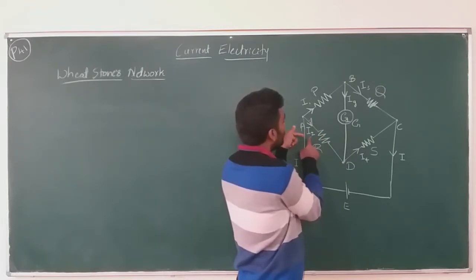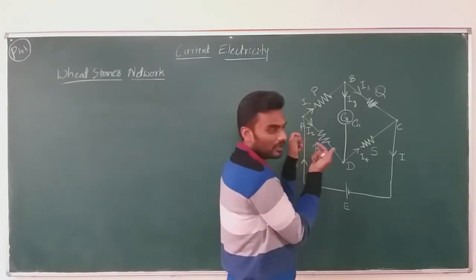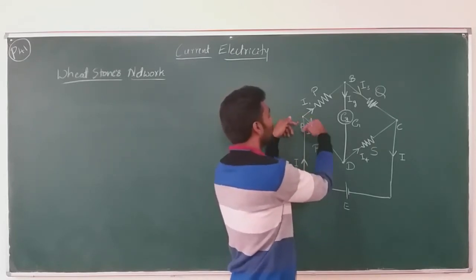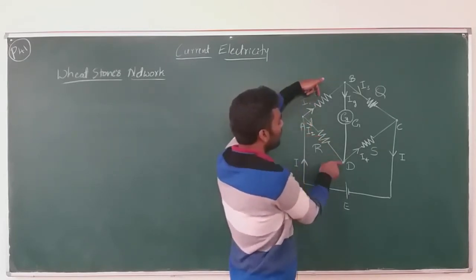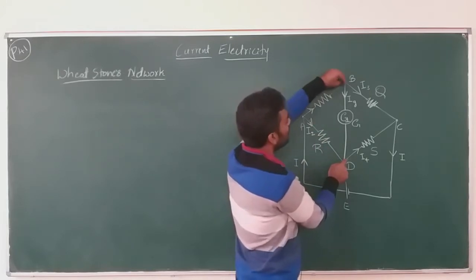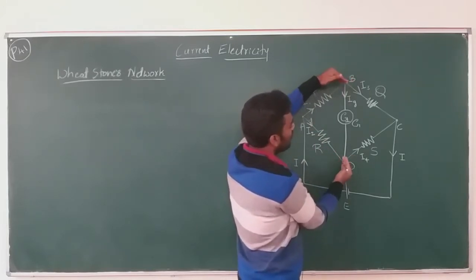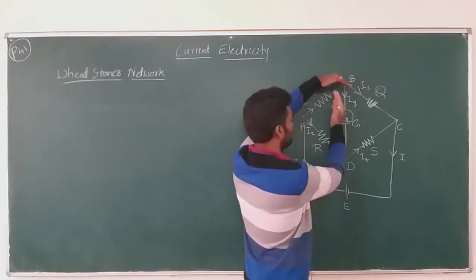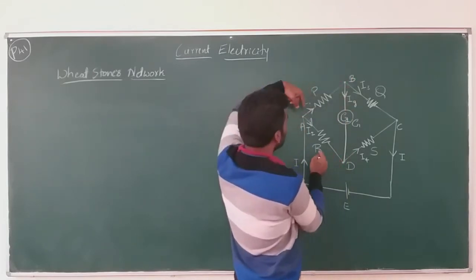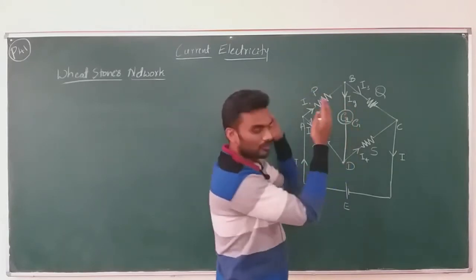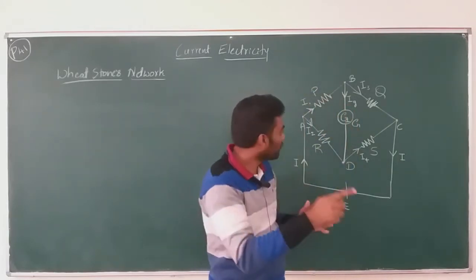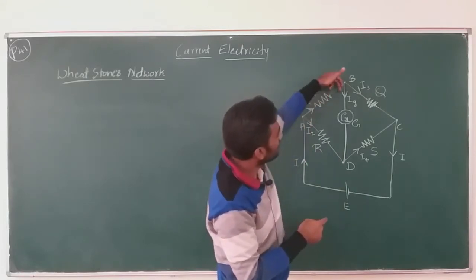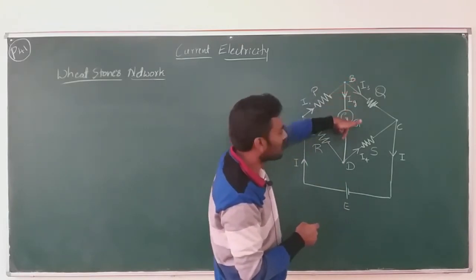Because if I2 is dominant over I1, which means I2 is greater than I1, then when it comes to this point and they split, the current Ig will be pushed in this direction. Okay, and since here we have stuck to one particular consideration where I1 itself is dominant over I2, Ig is flowing in this direction.